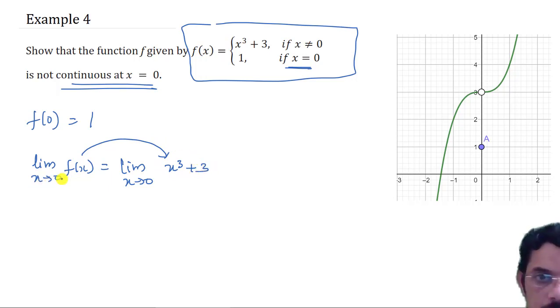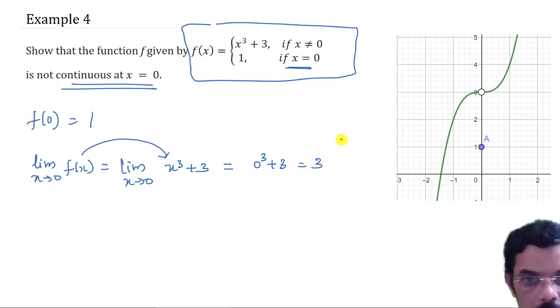When x is tending to 0 means either x is less than 0 or x is greater than 0. We will just put x equal to 0 in this case. What is there? 0 raised to 3 plus 3, which is equal to 3. So that is 3, but this is not equal to f of 0.